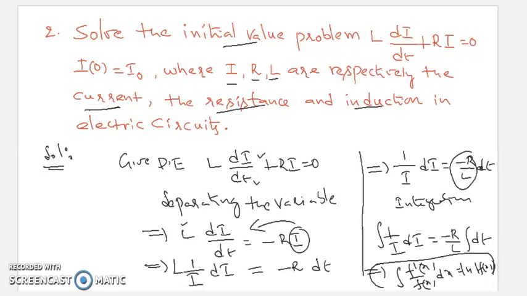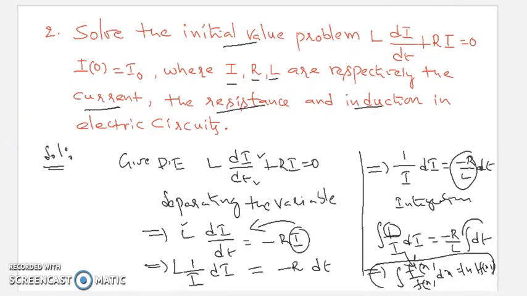Since the derivative of the function in the denominator is in the numerator, that is, the derivative of I with respect to I is 1, so here the numerator is the derivative. So this formula is applicable, and we have to apply ln of mod f of x. Now that implies ln of mod I is equal to minus R by L times the integral of dt.